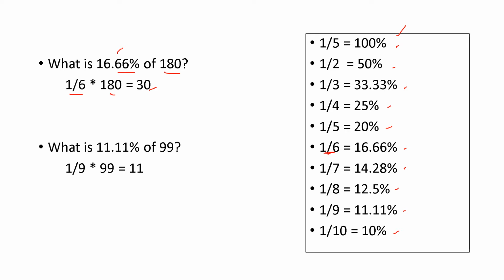So here if you know this table, you can take 16.66% means 1 by 6. Okay. Again next one, what is 11.11% of 99? 11.11% means 1 by 9. So 1 by 9 into 99, that is 11. Okay. So if these type of questions are asked, you have to answer with the help of this table.